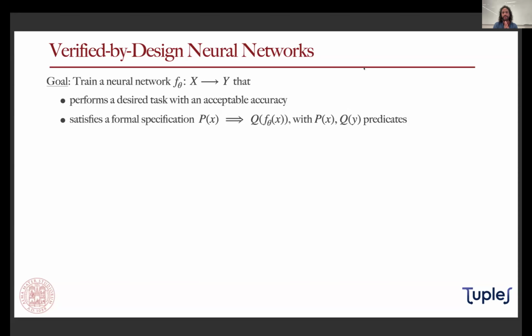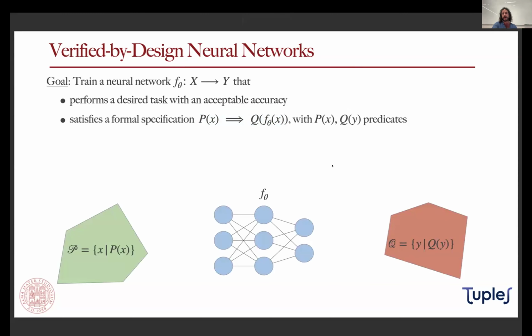We want to train f_theta so that it is good enough in performing a certain task, and at the same time satisfies a formal specification of the form P(x) implies Q(f(x)), okay? Where P and Q are two predicates. So this is what a property is for us, okay? A property for us is an input-output relationship that somehow describes and characterizes the behavior of our network, okay?